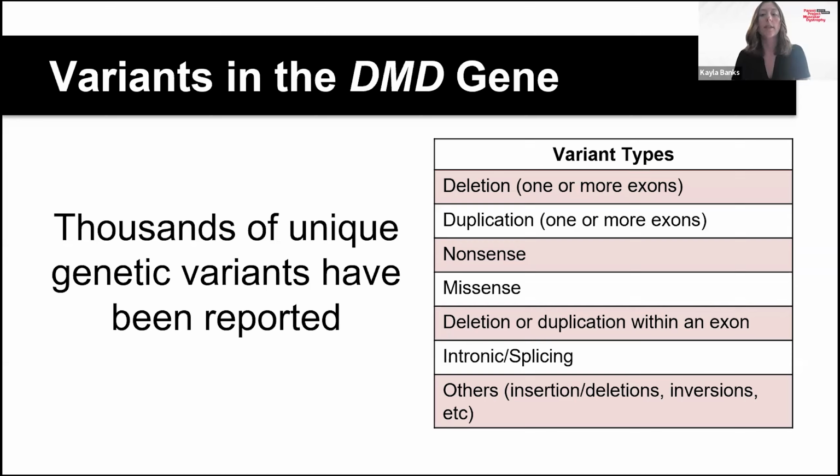There are even variants that happen outside of the exons, in the non-coding areas of the gene called introns, which can change how the exons are coming together. Some people have other, more rare variants as well. If you are unsure what type of variant you or your loved one has, reach out to your care team to discuss or take a look at your genetic testing report.